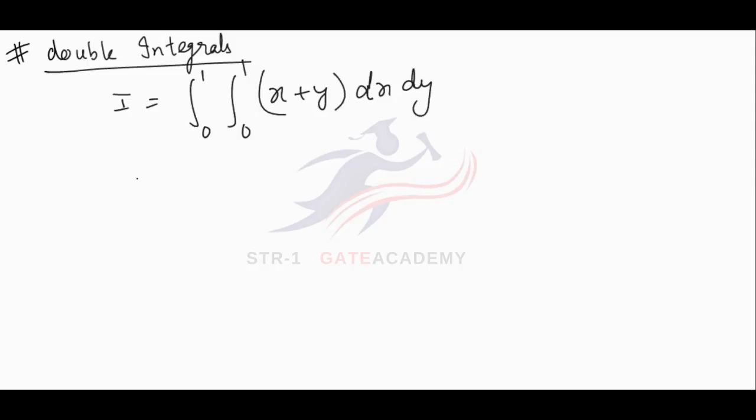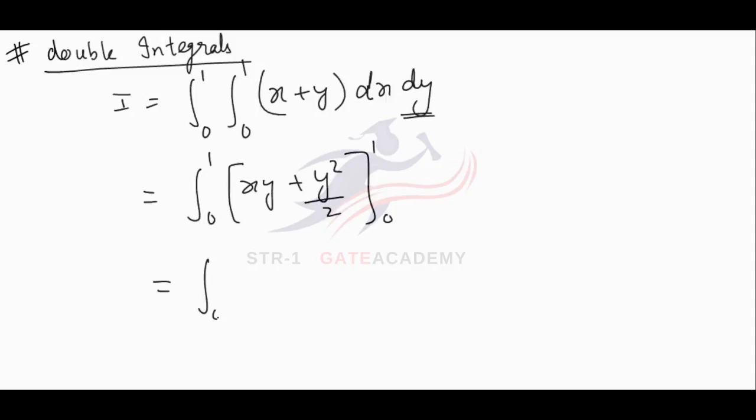It's very simple. Integrate with respect to y first. So you'll have 0 to 1 as it is, xy plus y square by 2, with limits 0 to 1. This is nothing but integration 0 to 1 of, after putting the limits on y, x plus 1 by 2 dx.